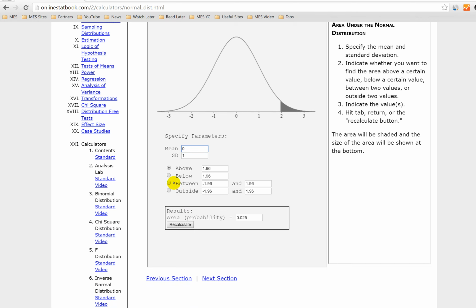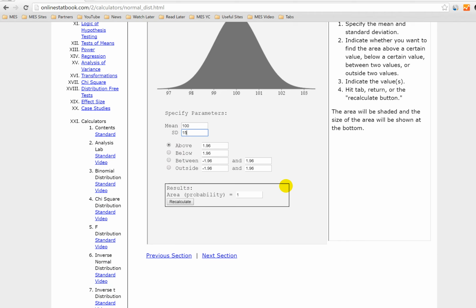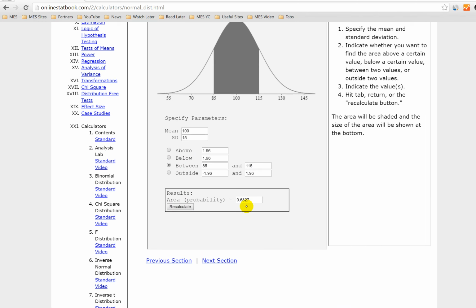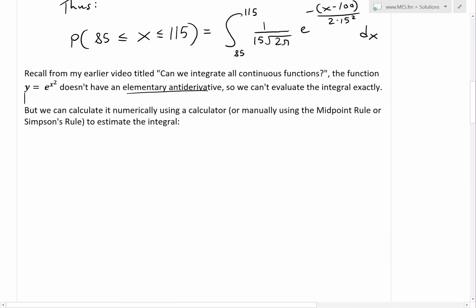So in our case, let's say the mean is 100 and the standard deviation is 15, so it's a normal distribution calculator. And we want between 85 and 115. So we calculate, and this area underneath here is 0.6827.